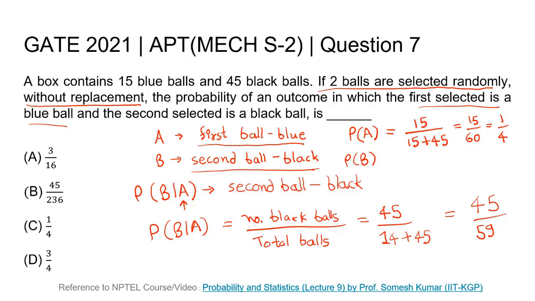Now our problem is that we have to find out the probability in which both event A and event B occurred. That is, the first selected is a blue ball and the second selected is a black ball. So it is written as probability of A intersection B. Because the word AND is used in the question, it is converted into intersection.